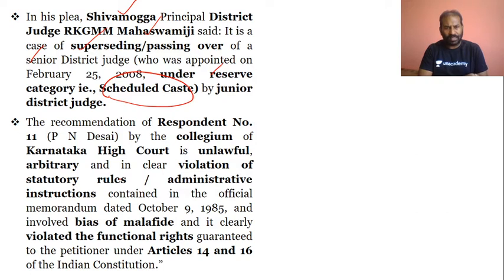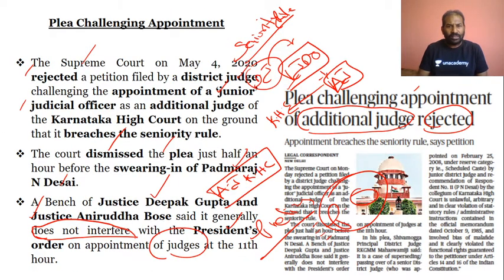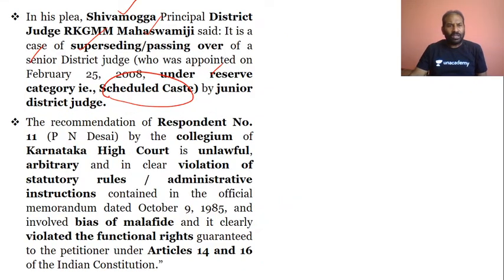The Collegium and Law Minister. Yes. And the recommendation of respondent number 11, that is P.N. Desai. Who is P.N. Desai? That is the one who has been sworn in as the additional judge of the Karnataka High Court.